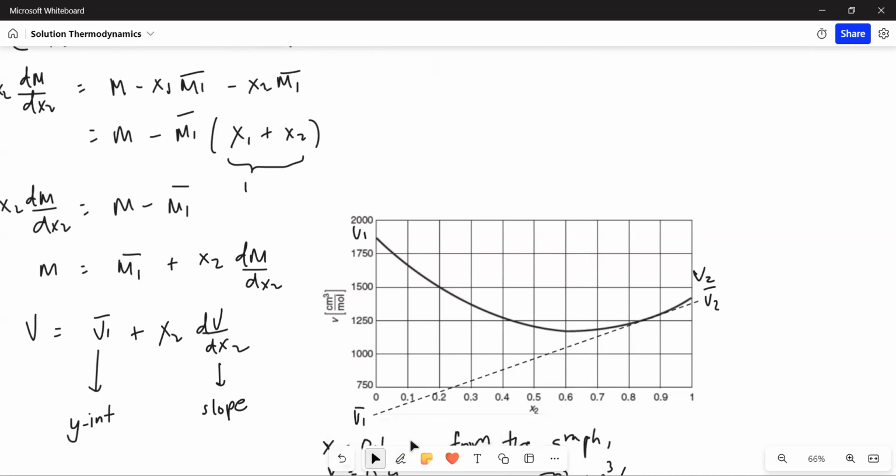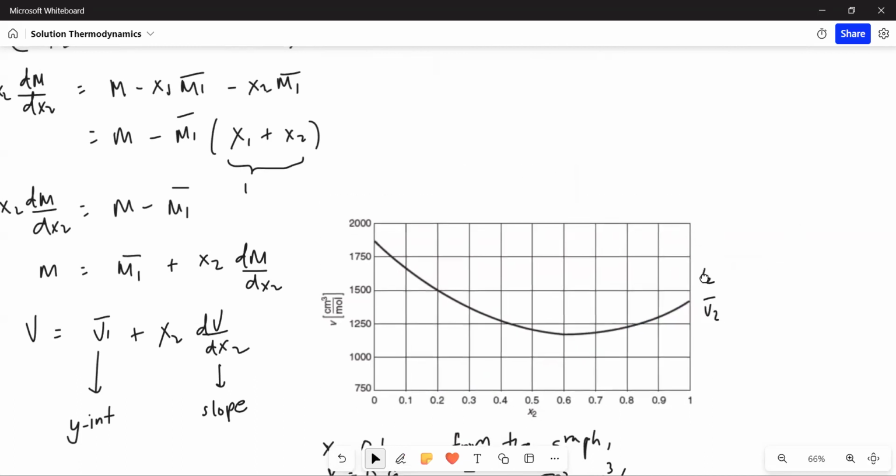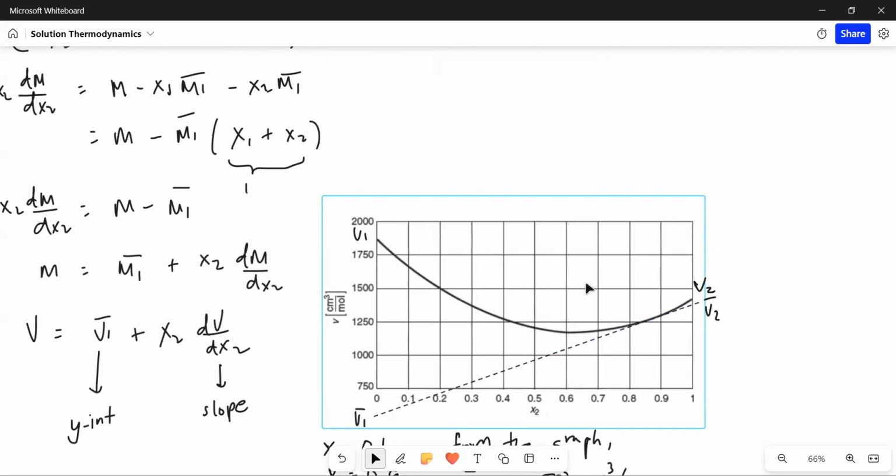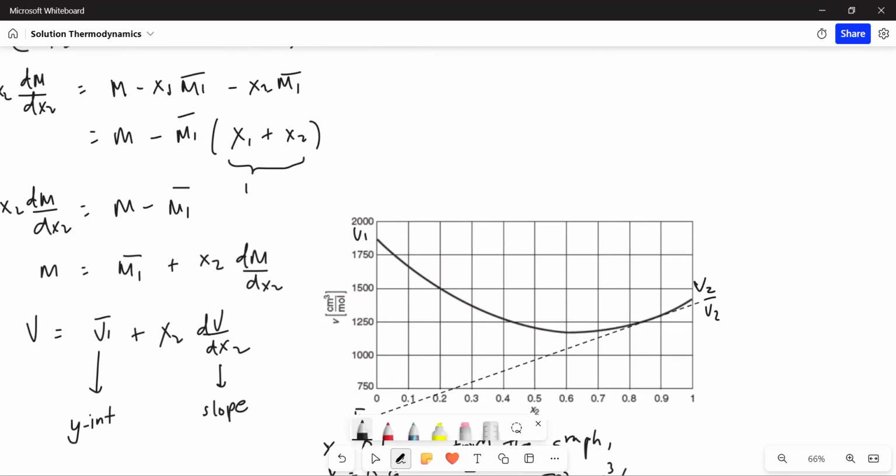Let me move this a bit downward. So the edges of the curve give you the pure species property. Again, when x is 0, V1 is its pure species molar volume, and when x is 1, this point right here is the pure species 2 molar volume.